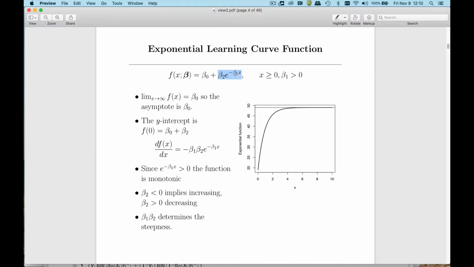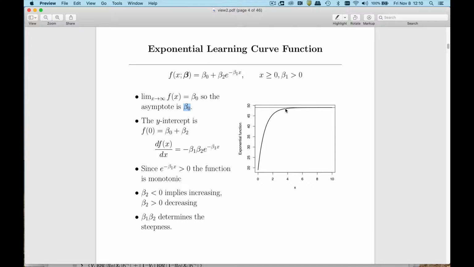So as x gets bigger and bigger, this thing gets smaller and smaller, and the curve approaches beta naught. So beta naught is the asymptote. It's the value that we approach as we get bigger and bigger. So it's like the fastest that you could possibly type. Whatever the world's record is for typing speed, that's what this beta naught is.